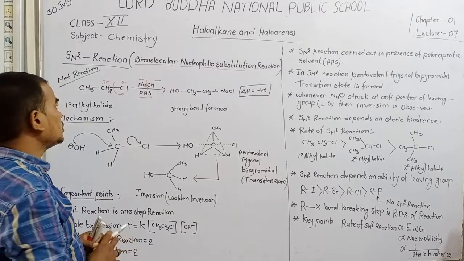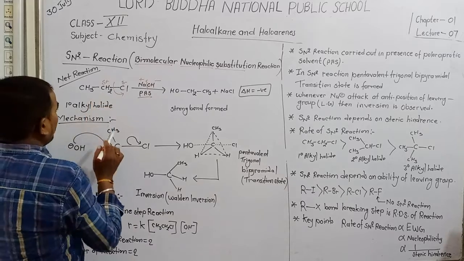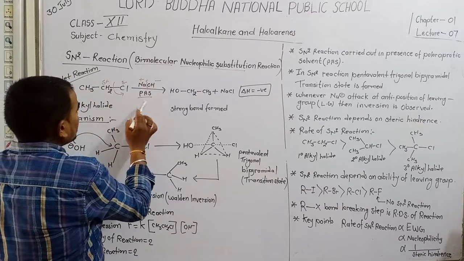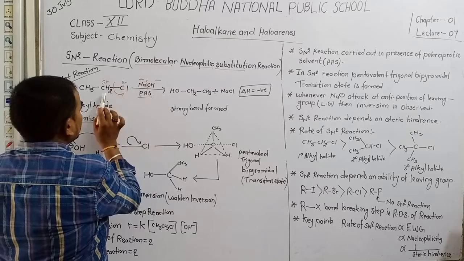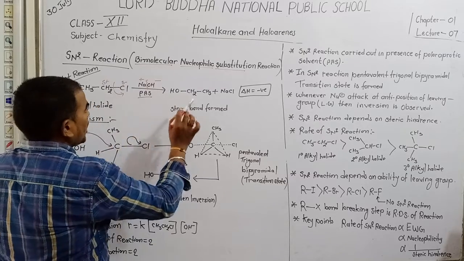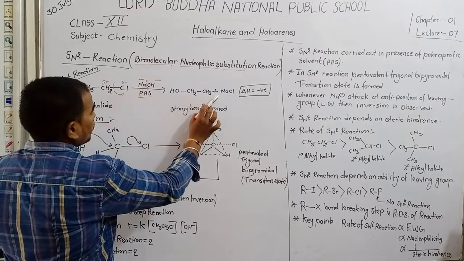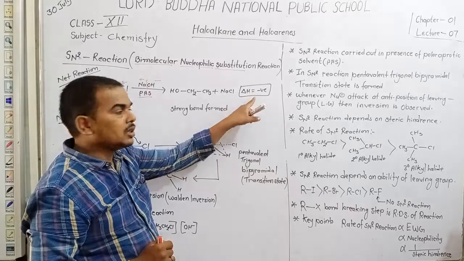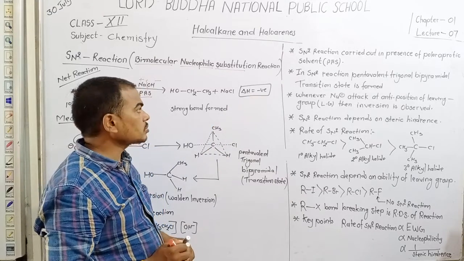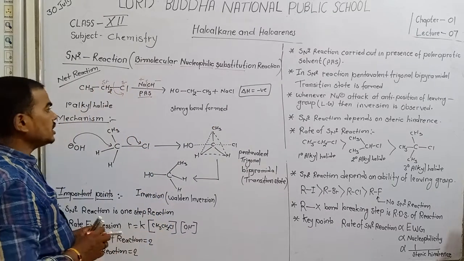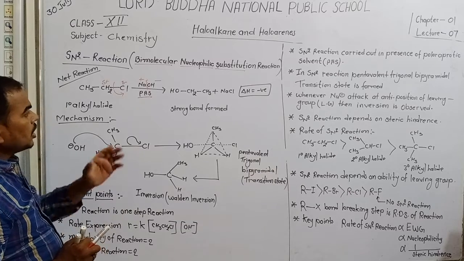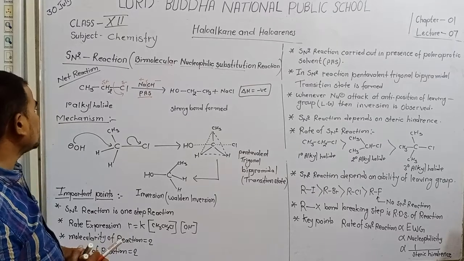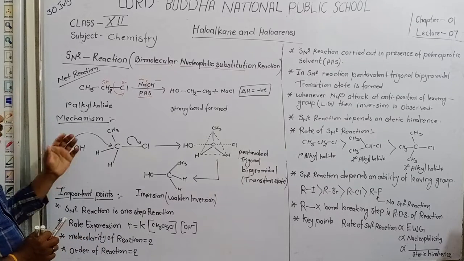After the attack from the back side, the compound OH, CH2, CH3 is formed, and Na and Cl form NaCl. Dear student, this reaction is exothermic because heat energy is released. Now let us discuss the mechanism of this reaction.